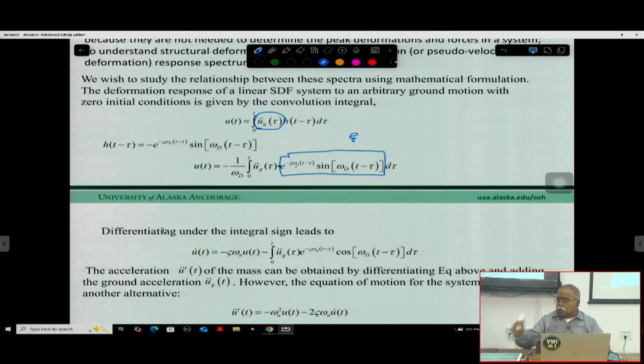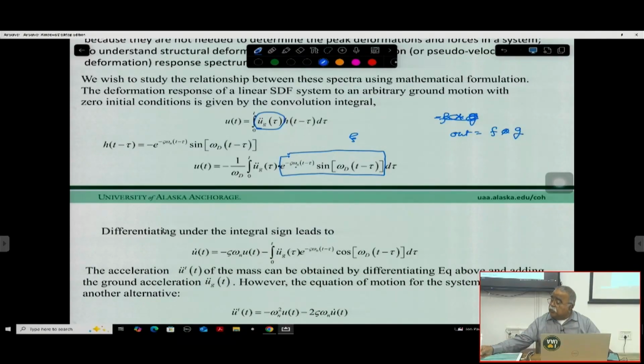Because the convolution is always with two signals, right? So this is f convolution of g, and your output is equal to h convolution of g, right? So that you can calculate.